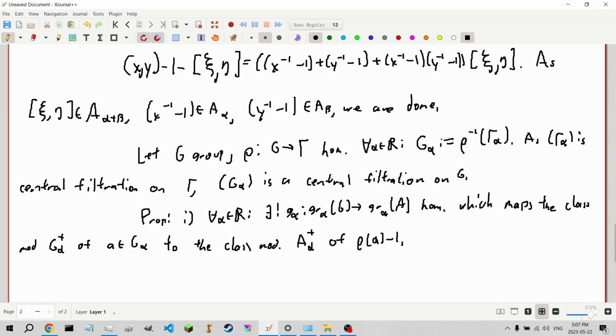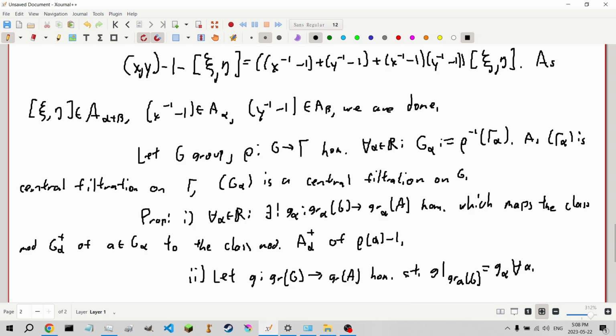Part 2. Let G be the group homomorphism of the grade of G into the grade of A, such that the restriction of G to the alpha grade of G is G alpha for all alpha.